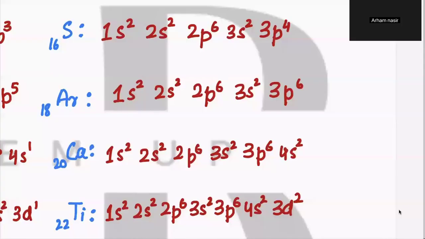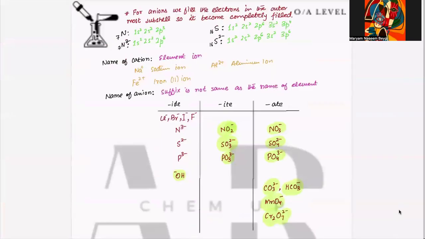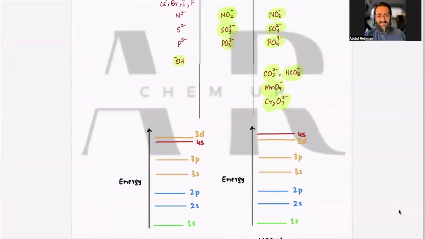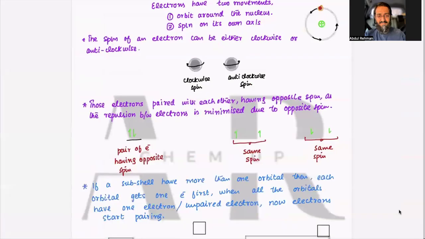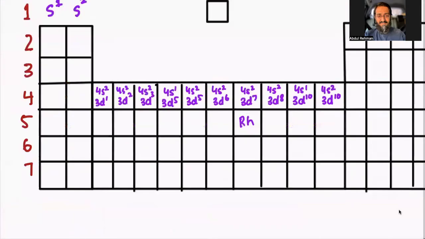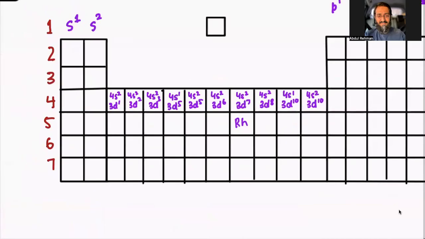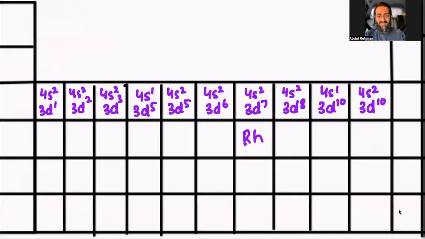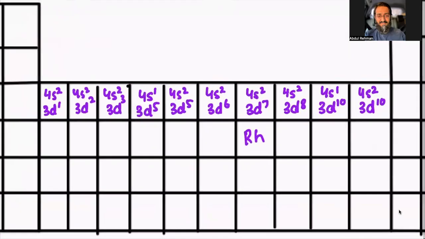For the D block, there is a little complication. It's the fourth period, right? All of them are going to start from 4s, but the D is always going to be from the previous shell. The S is from the fourth shell and the D subshell is from the previous shell.